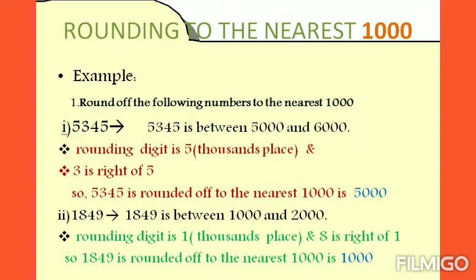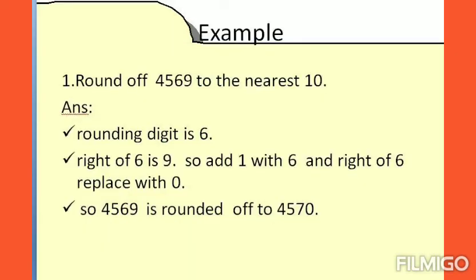Now I think all of you understood very well the rules of the rounding of numbers to the nearest 10, 100, 1000. Here is your another example, children. Let us consider 4569. We are going to round off this number to the nearest 10. So let us find the rounding digit. The rounding digit is 6 since it is in tens place.